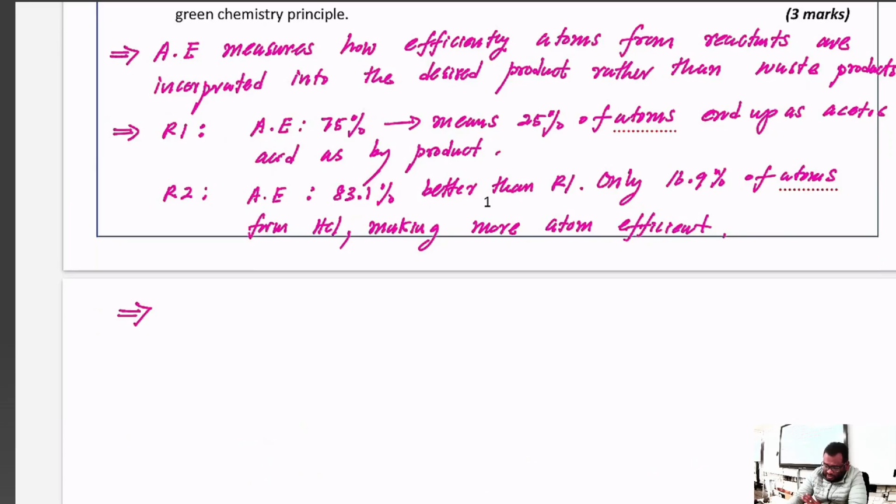Now we have to say atom economy alone does not determine the greener process.